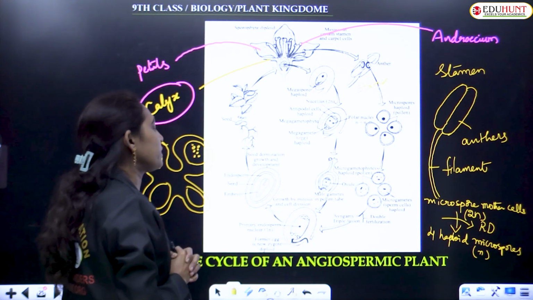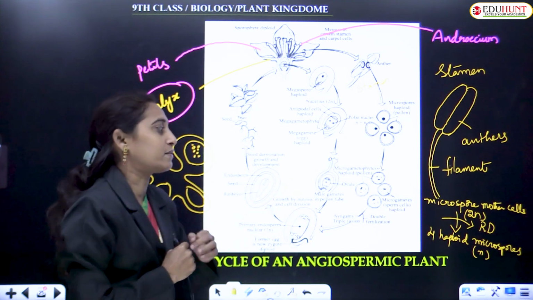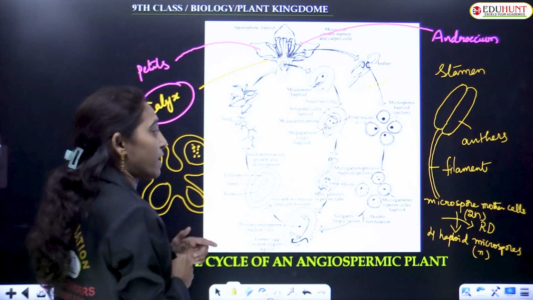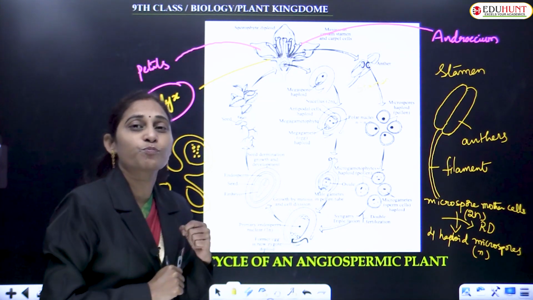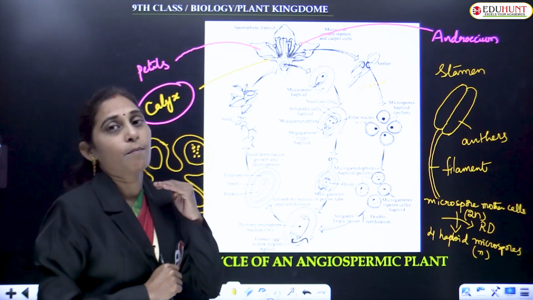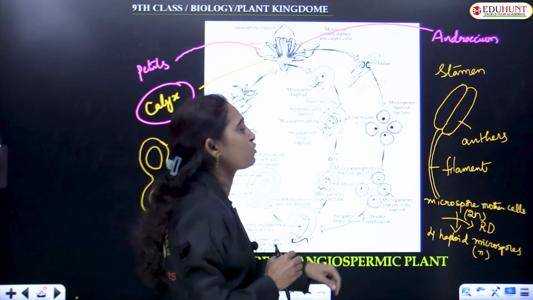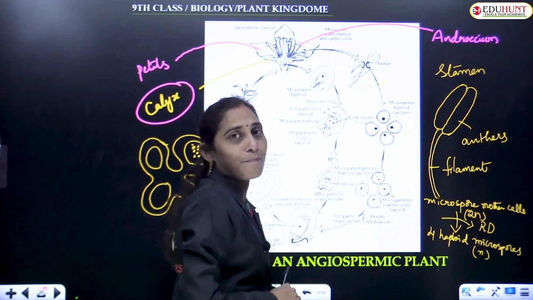This sporogenous tissue develops into microspore mother cells, and these undergo reduction division. Each microspore mother cell gives rise to 4 haploid microspores. Each one is N, that is haploid.